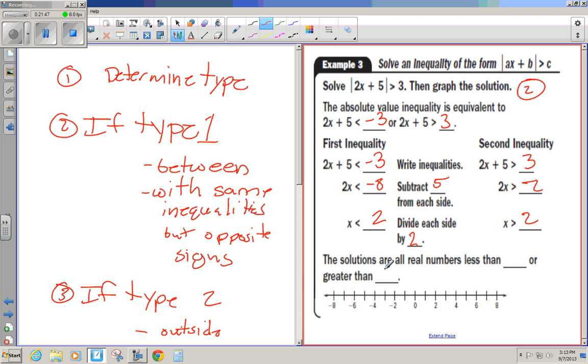Divide each side by 2. The solutions are all real numbers less than negative 2, or greater than 2. So here's negative 2. Here's 2. Greater than, less than.